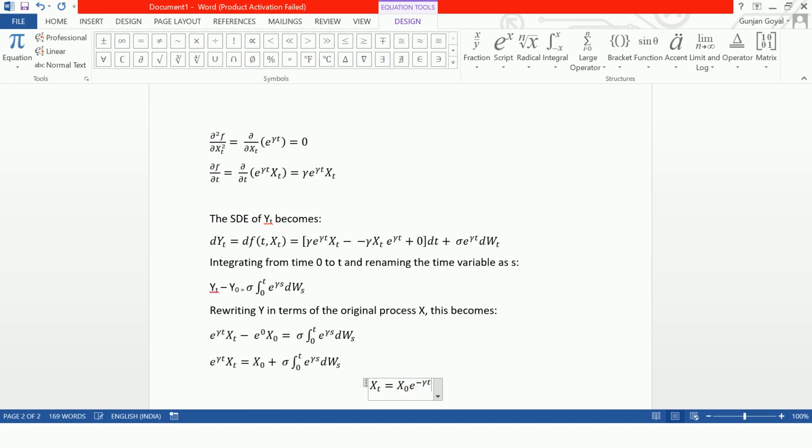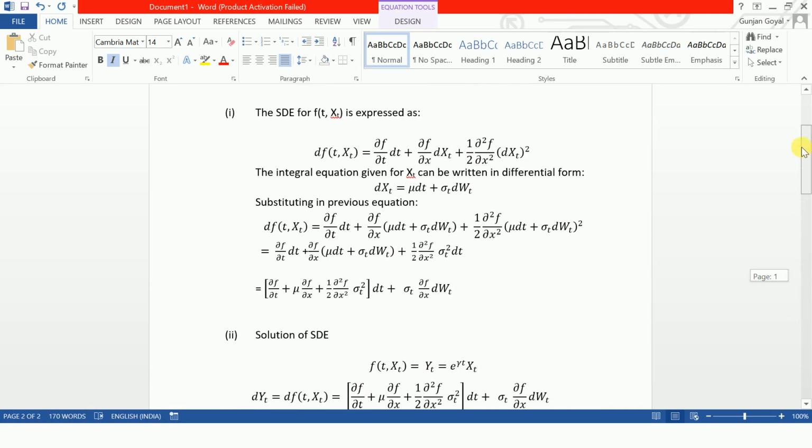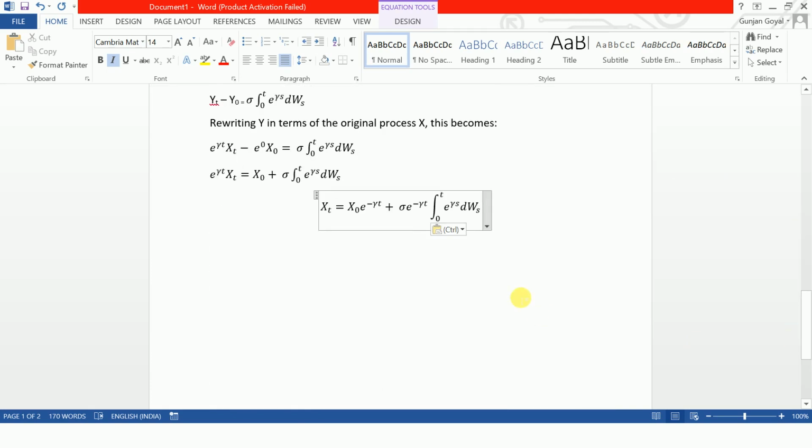Plus, copy this again, the entire thing, and here you add your e to the power minus gamma t, which has come from that side. So this becomes our equation for the solution. If you compare this with your original solution, it's exactly the same: x0 e to the power minus gamma t and sigma integral 0 to t, e to the power gamma (s minus t). If we take this value inside, we'll get the same answer.